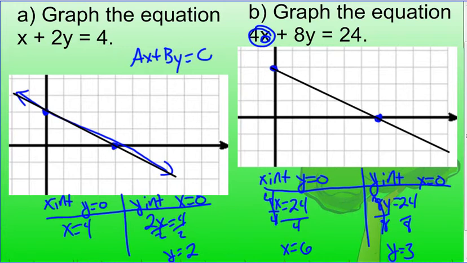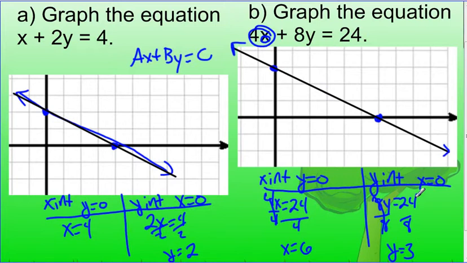I'm going to cheat this one, my last freehand didn't do so good. So there we go. And I guess we should have arrowheads. So that is our line that goes through the x-intercept of 6 and the y-intercept of 3.